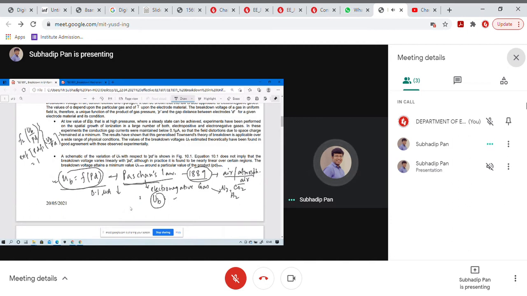During this experiment, the conduction gap current is maintained below 0.1 microampere, so that the distortion of the field due to space charges remains at a minimum. The Townsend theory of breakdown is applicable over a wide range of physical conditions, and the values of the breakdown voltage UB are estimated theoretically, not practically. The theoretical values have been found in good agreement with the experimental observations, right?